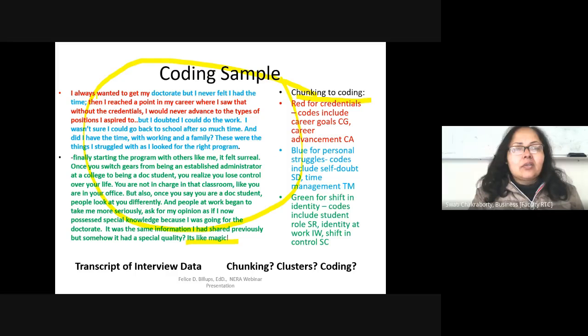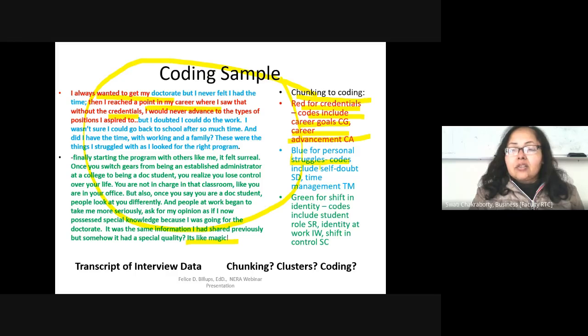See the red lines, all those red parts, these are for credentials, with codes which would include career goals, CG, and career advancement, CA. The blue part that you have is for personal struggles.